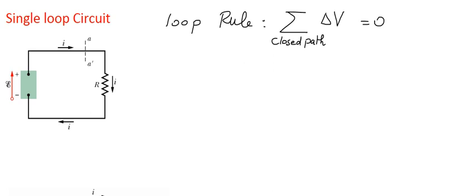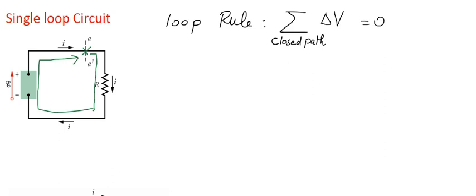So what we will be doing, practically, is choose one point in the circuit and choose a closed path. I choose the point A here and a closed clockwise path, and I will write the loop rule across this closed path.